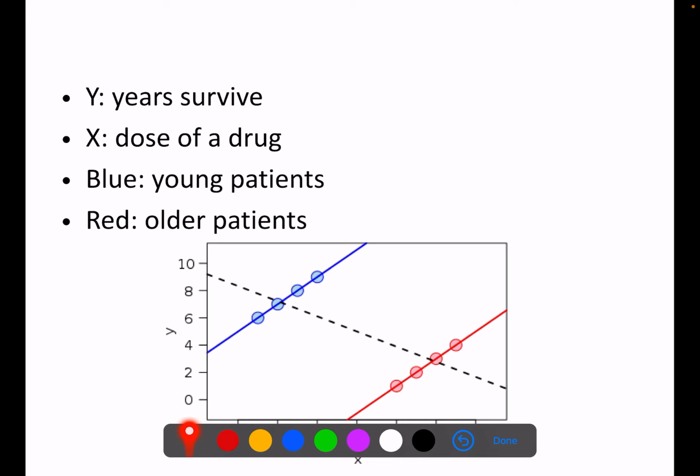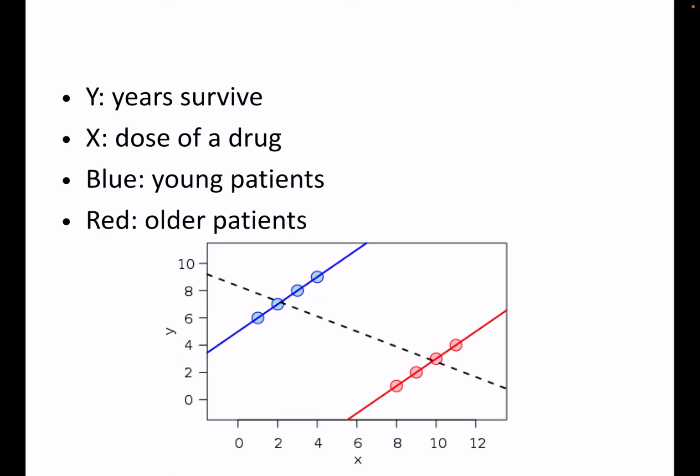So based on that, we can look at the same curve again, right? Here assume that Y is the number of years that some patient survives, and X is the dose of a drug that you give to the patient. And assume that blue is young patients, where you just give them a little bit of drugs, because for whatever reason in your study, you decide to give the younger people less dose.